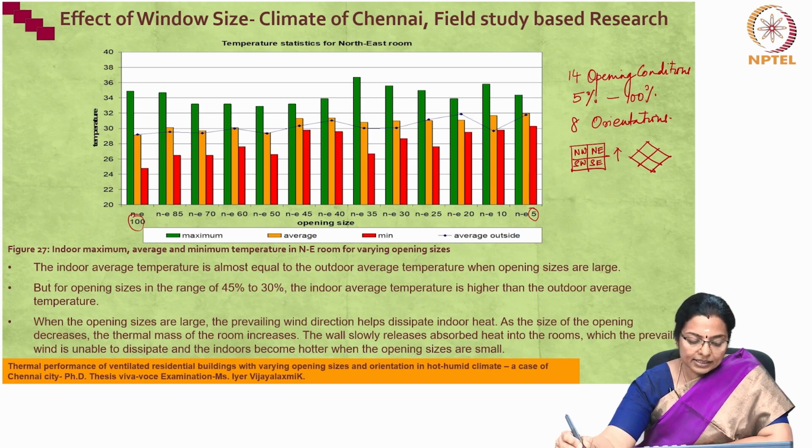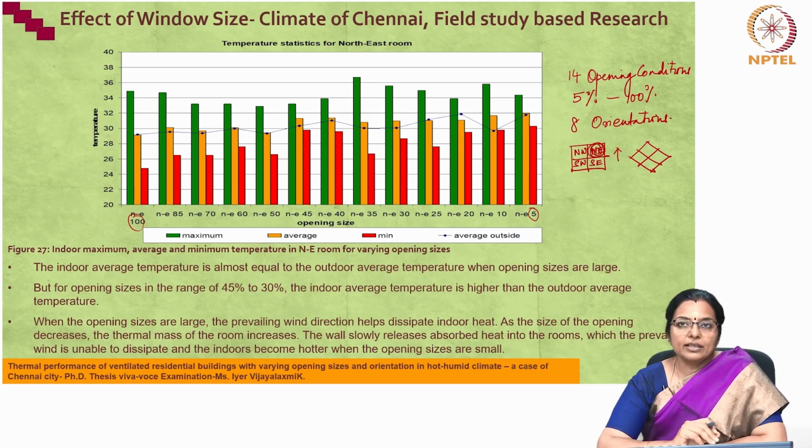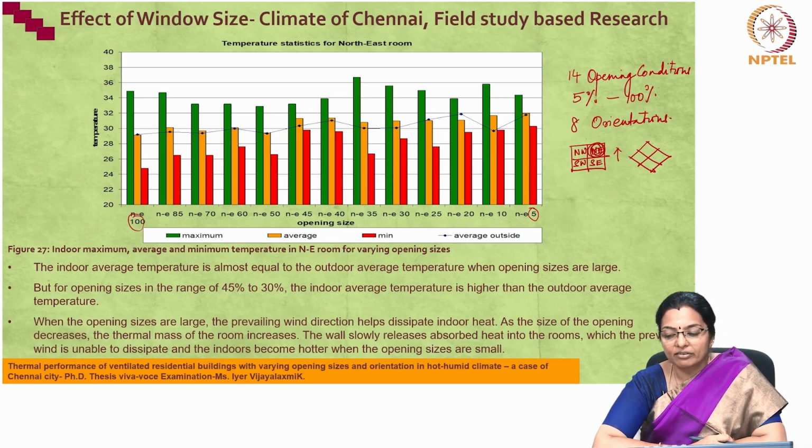Here in this slide, we are discussing the indoor temperature in this northeast room alone. It is found that the indoor average temperature is almost equal to the outdoor average temperature when opening sizes are very large. But for opening sizes in the range of say 45% to 30%, the indoor average temperature is higher than the outdoor average temperature.